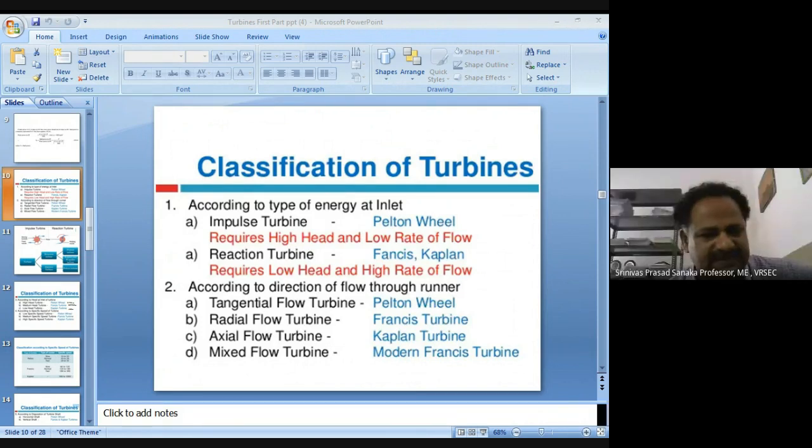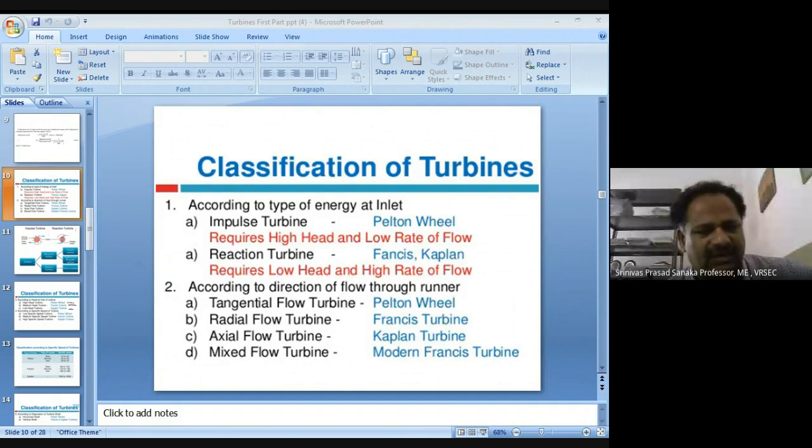Impulse turbine means at the inlet of the turbine, the energy available is only kinetic energy and the pressure from the inlet of the blade to the exit of the blade is constant.